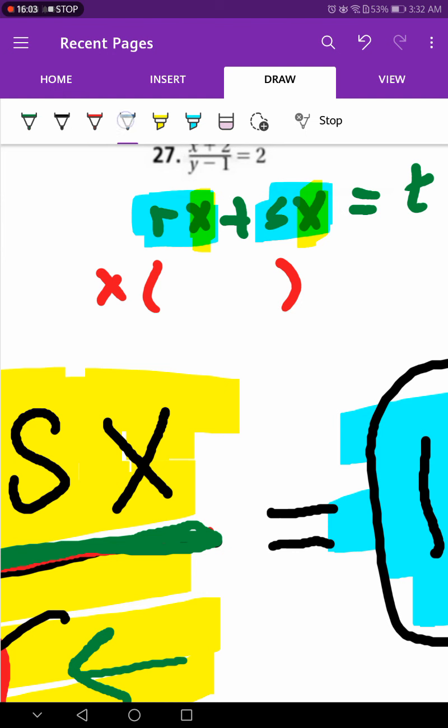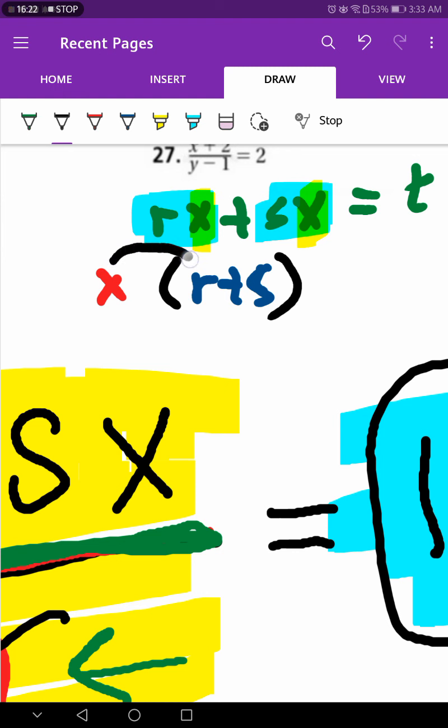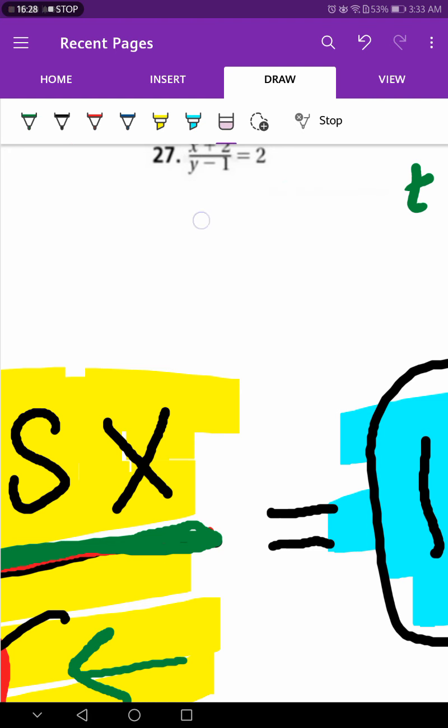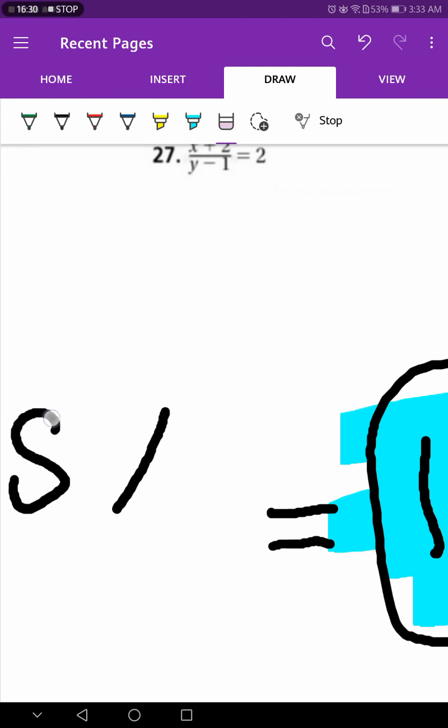Teacher, if I write r plus s without parentheses, actually it is not correct. You have to draw the parentheses. Why? To tell them this guy visits the home and visits the farm. Okay, my dear student? Okay, let us do one more.